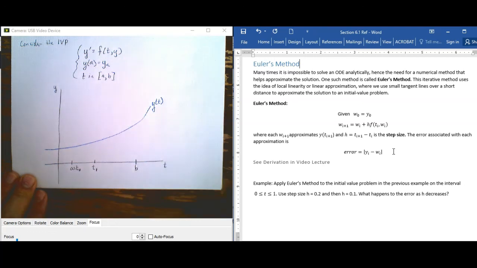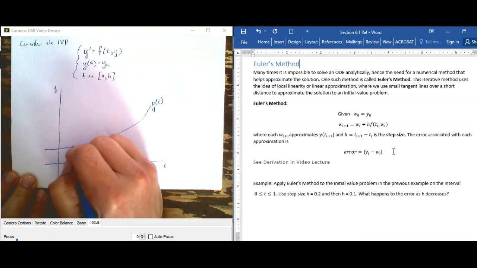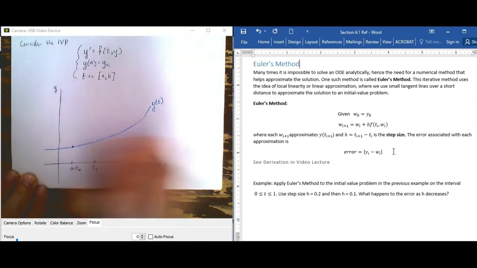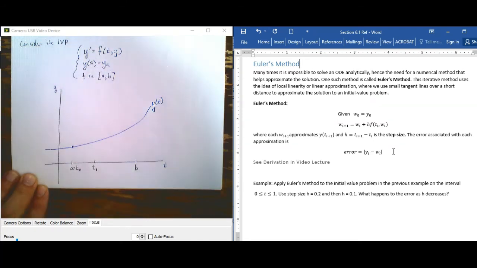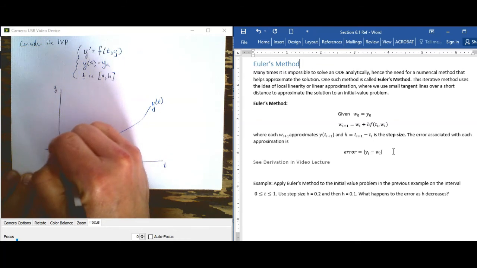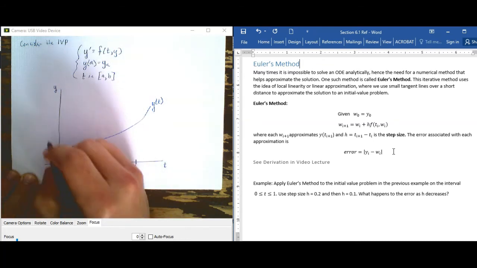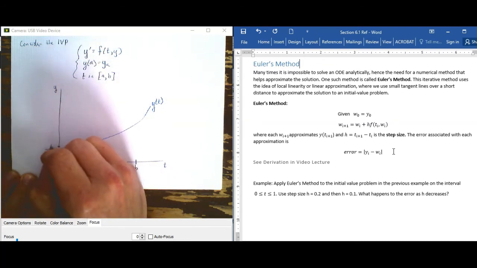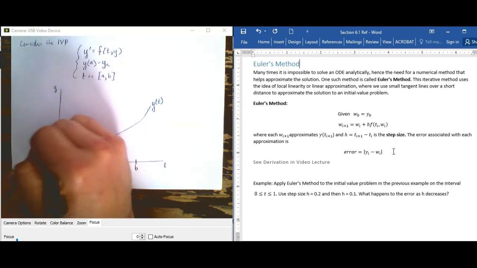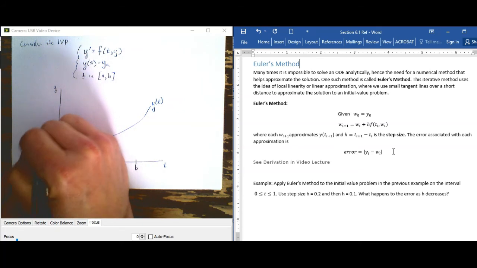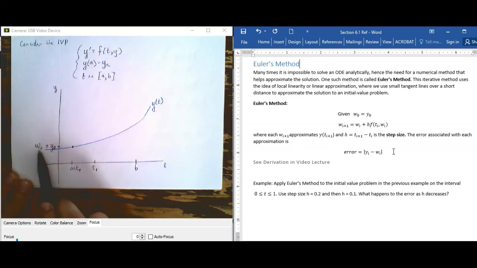So that means that we have a function value which is known, right? Because we know the first value of the function, the initial condition, is this guy here, which is, let's say, y sub 0, or we can define this as w0. So the approximation and the solution value are the same.